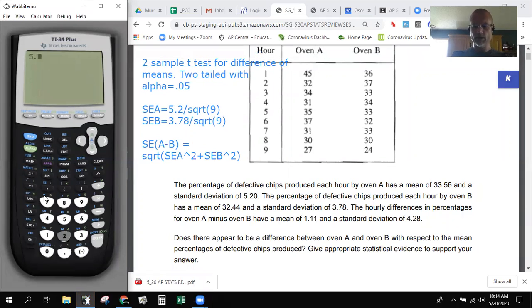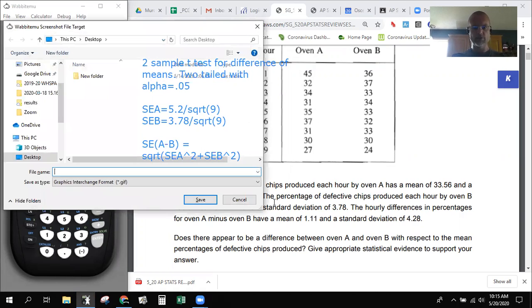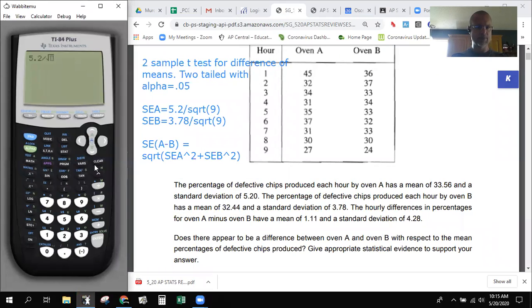So I need 5.2 divided by the square root of 9. Well, that was dumb. Oh, shoot, I forgot. I can't hit that button. Clear. 5.2 divided by 3. And then 3.78 divided by 3. And I'm going to add those two together.